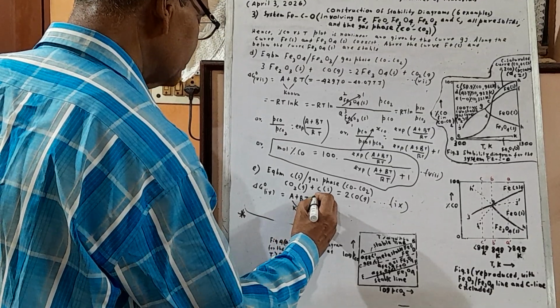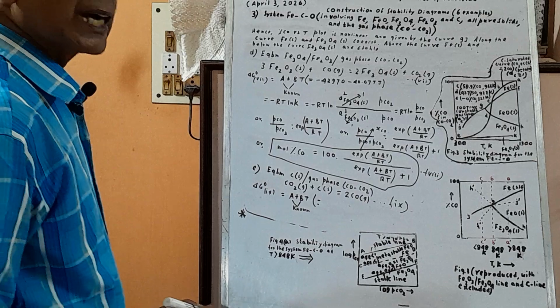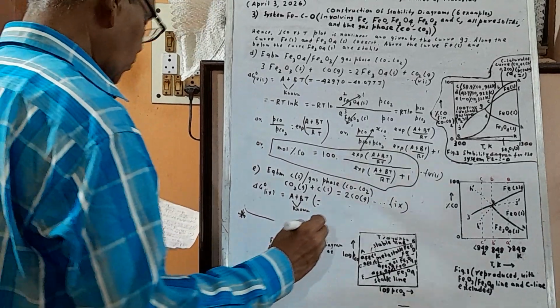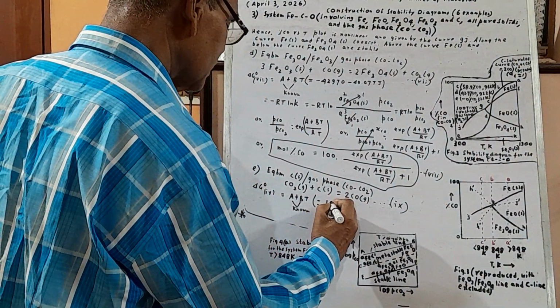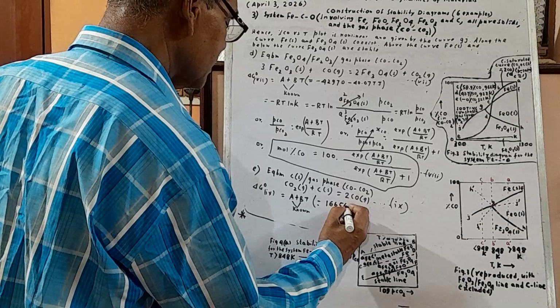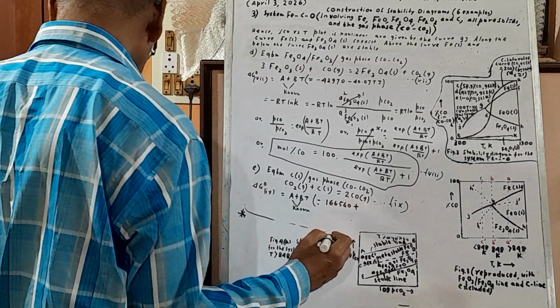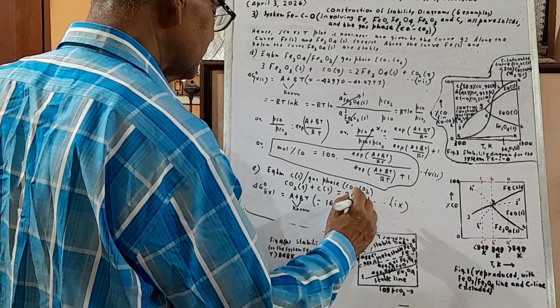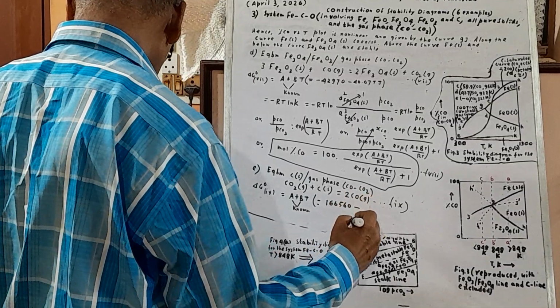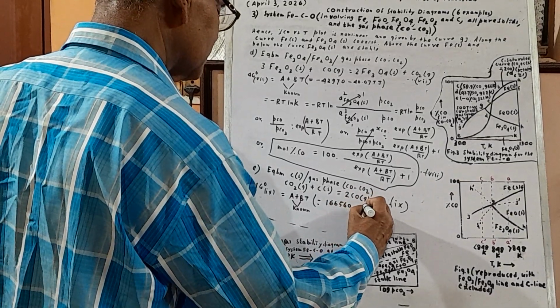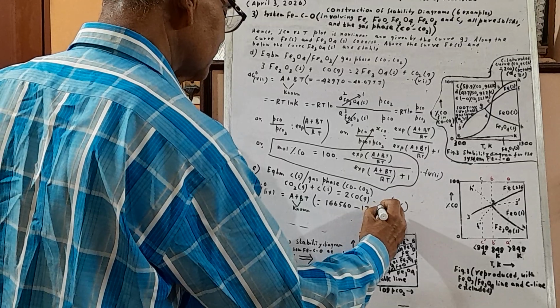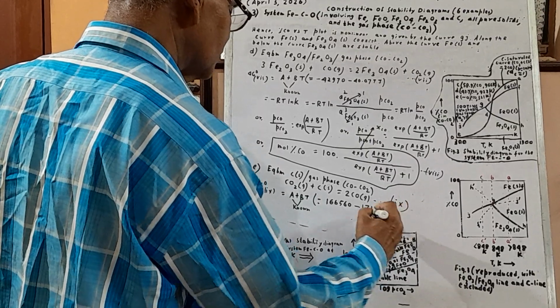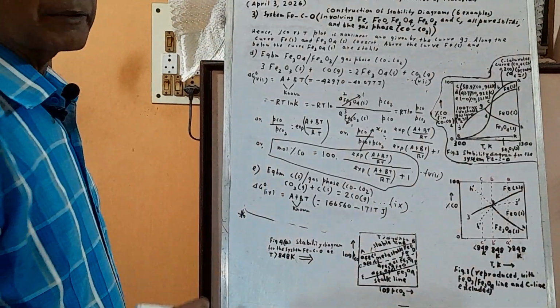Again I will give you data for this: 166,560 minus 171 T joule. Okay, this is an endothermic reaction.